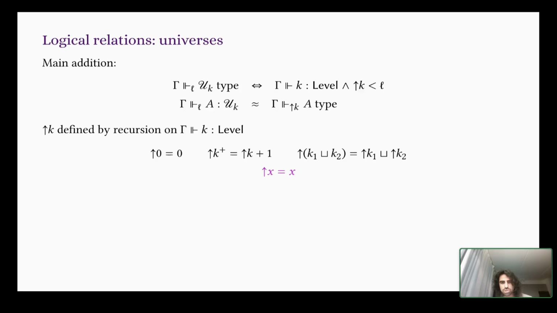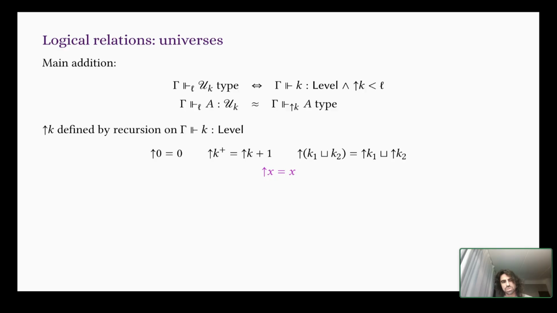But the case for neutrals is interesting. In the case of neutrals, we can basically leave the function undefined. One way to think about this is you can define the realizer of a neutral level as a meta-neutral, a variable in the meta theory.